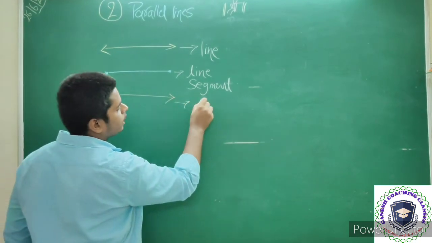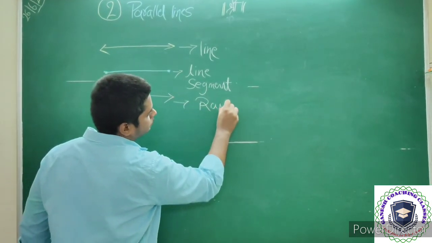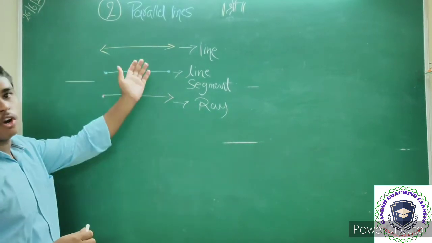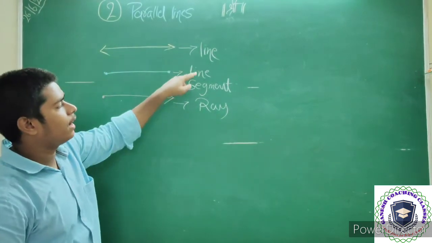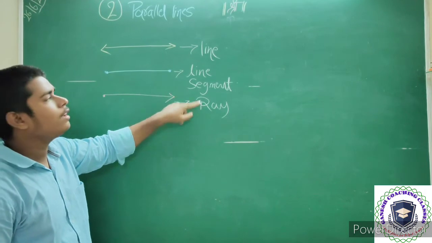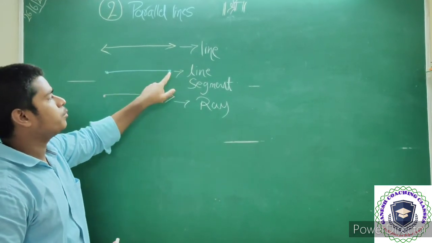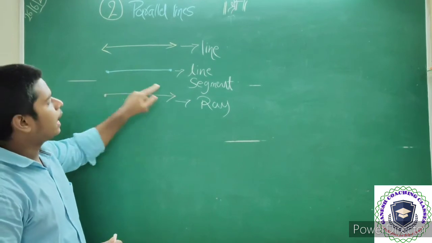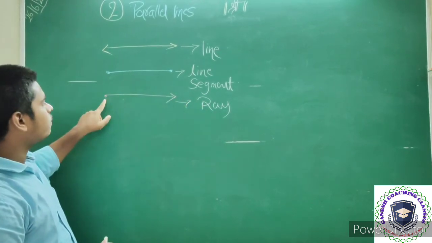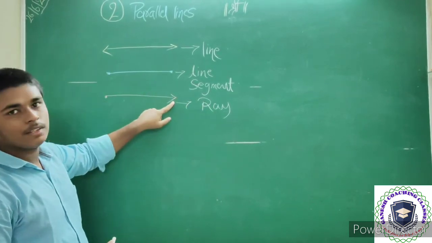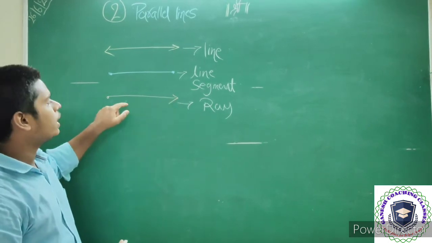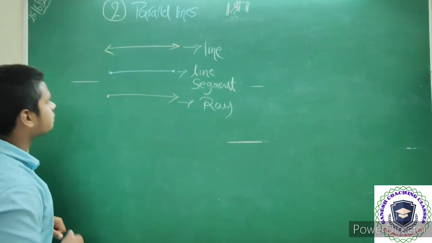This is called a ray. So what is the difference between line segment and ray? In a line both the ends are open, in a line segment both the ends are closed, and in a ray one end is closed and one end is open.